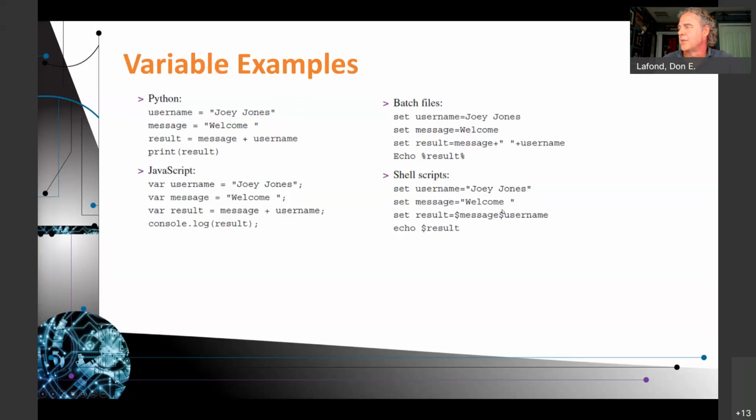So welcome Joey Jones, you get the same result. And this is how you have to write the result. And then script is similar, just a little bit different in how you use words set in batch and set. Script uses set instead of nothing in Python, and var in JavaScript. And then here to show or display a message is a little bit different as well.